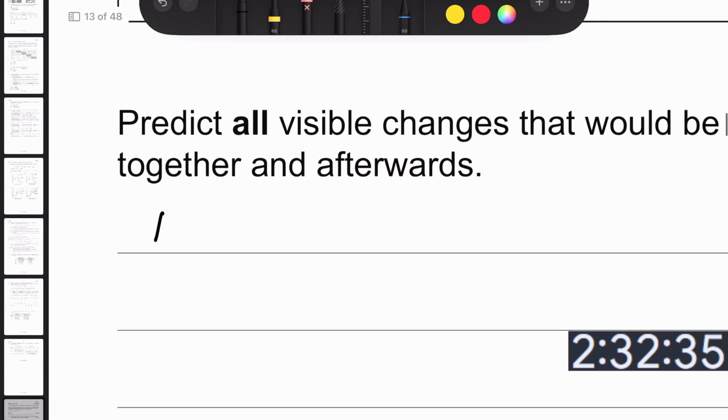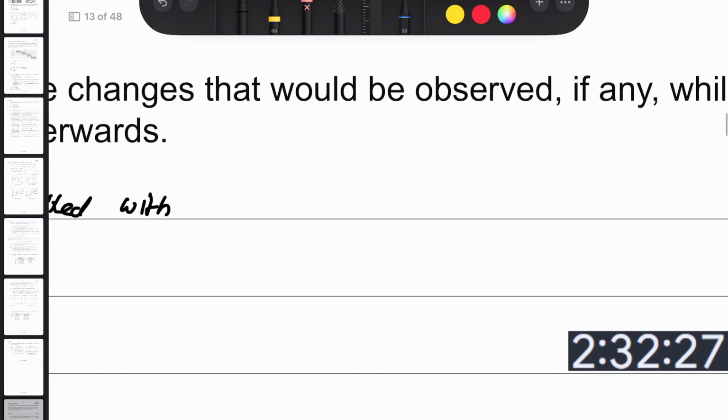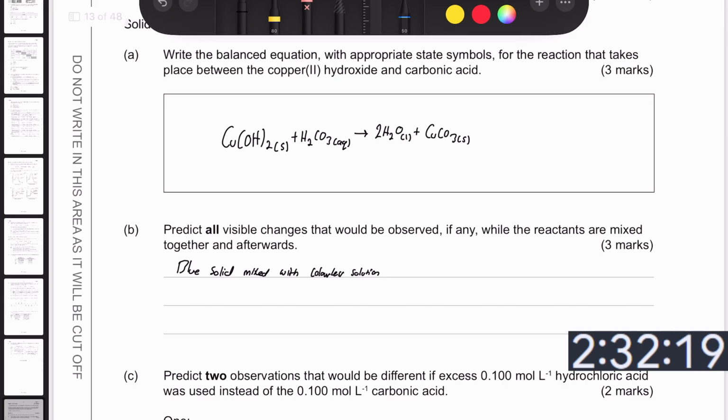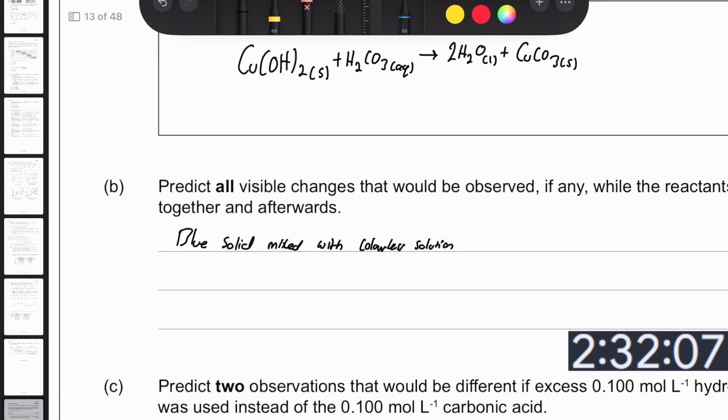So a blue solid mixed with colorless solution. H2CO3 is going to be colorless, water, and then CuCO3, copper 2 carbonate, it's going to become green.